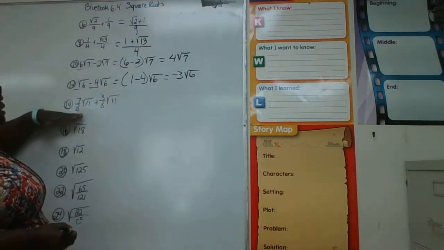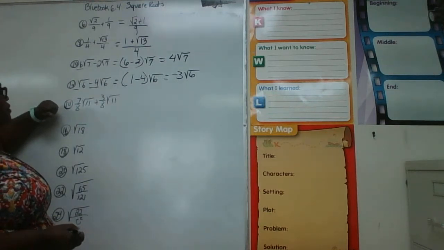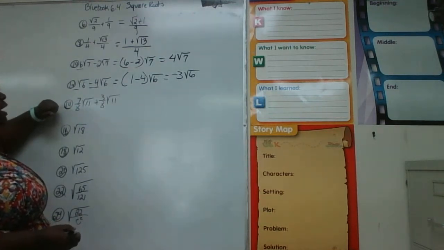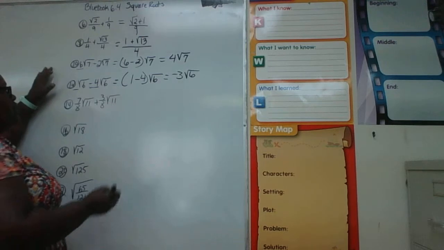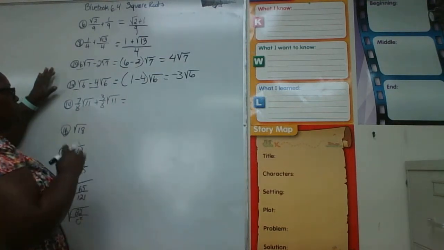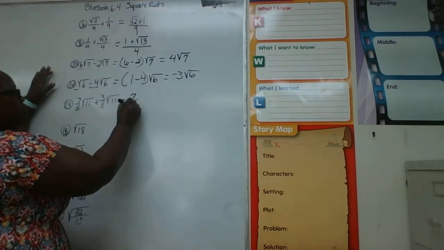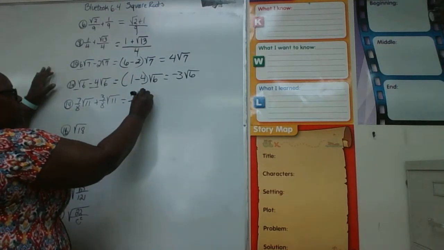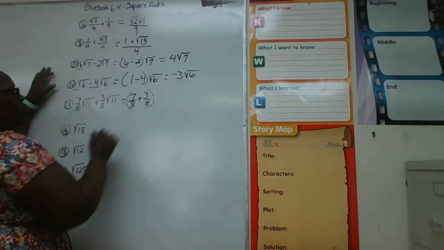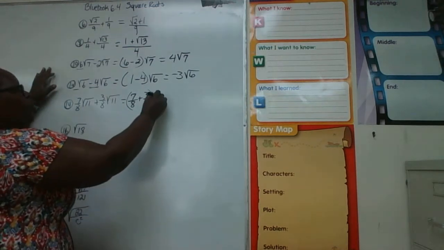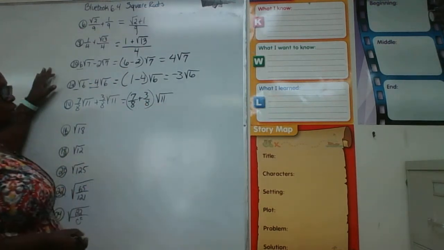Here we have 7/8 times the square root of 11 plus 3/8 times the square root of 11. So once again, we do a form of distributive property so that we take the 7/8 and add it to the 3/8. They both are coefficients, and they both are times the square root of 11.